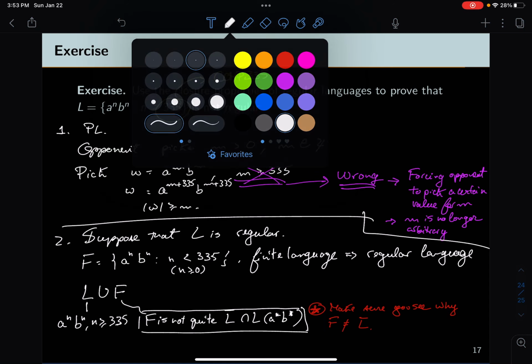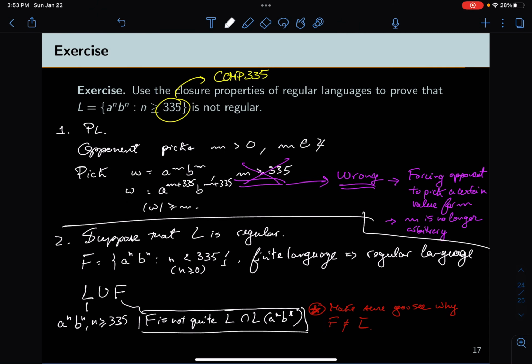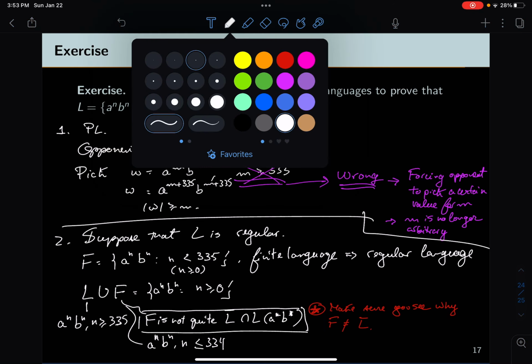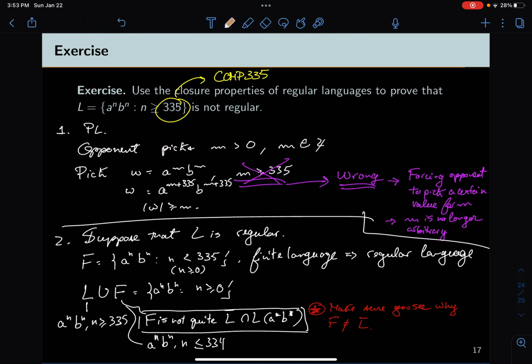But for the purposes of what we're trying to prove, the only thing we really need to know is that L contains strings of the form a^n b^n for n greater or equal to 335, and F contains the strings of the form a^n b^n for n at most 334. And so their union is a^n b^n for n greater or equal to 0. But because we assumed that L was regular, and F is regular, and regular languages are closed under union, it must mean that this language is also regular.